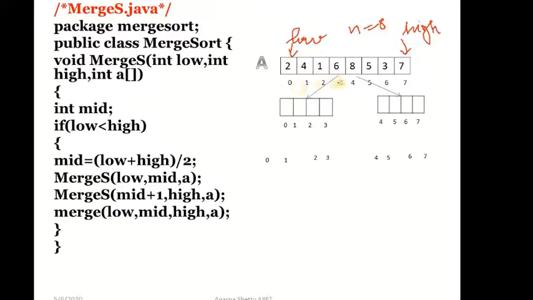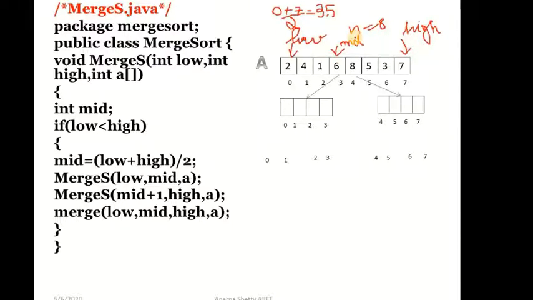If I add 0 plus 7, low plus high divided by 2, I will get 3.5. Since I'm only dealing with integers, the integer part of 3.5 is 3. So this will be my mid position, and I will be splitting this array into 2 equal parts based on the mid position.